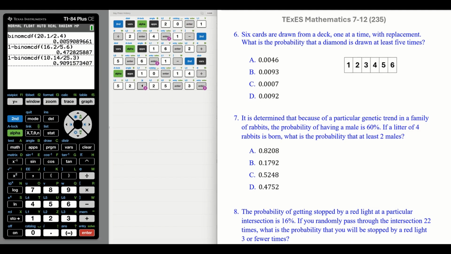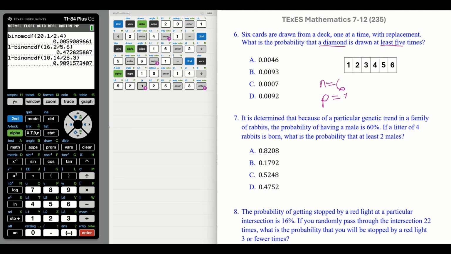Number 6. 6 cards are drawn from a deck one at a time with replacement. What is the probability that a diamond is drawn at least 5 times? So that is N equals 6. P equals, well, diamond and at least 5. That's important.